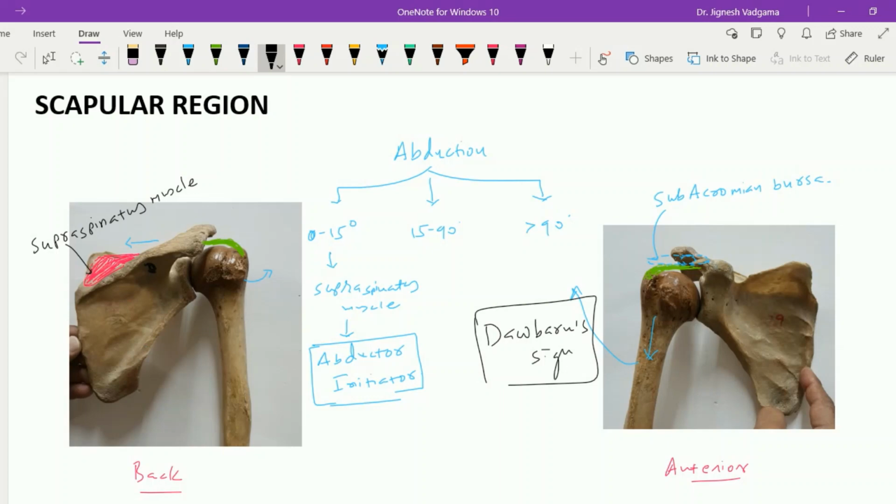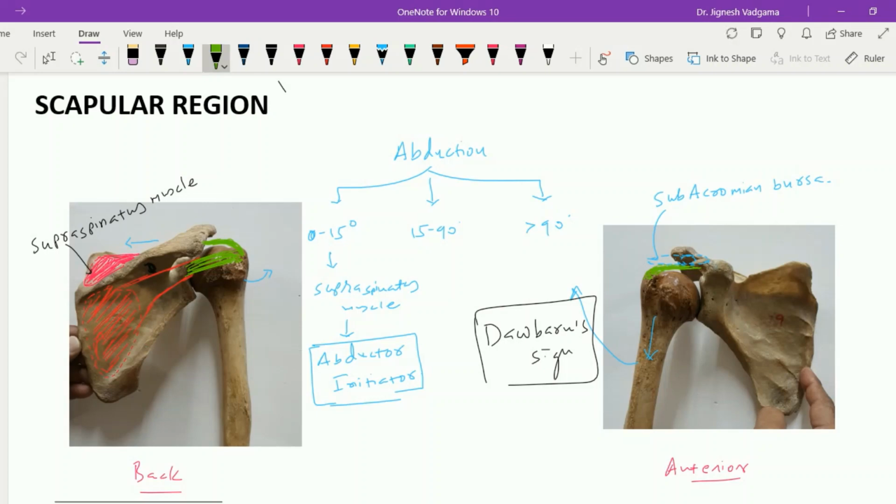Now let's see the second muscle. The second muscle arises from the medial two-thirds of the infraspinous fossa, somewhere from here, and passes upward and laterally, forming a tendon which inserts at the middle impression of the greater tubercle of the humerus.